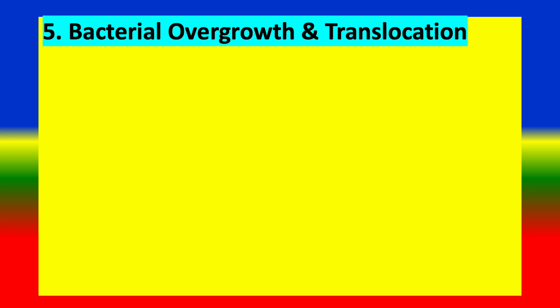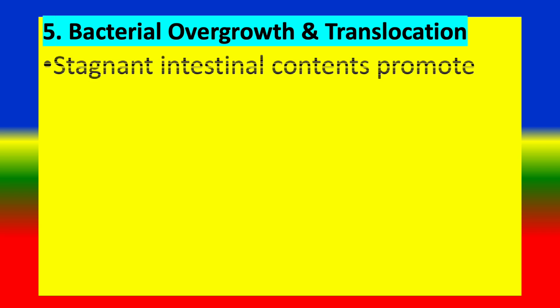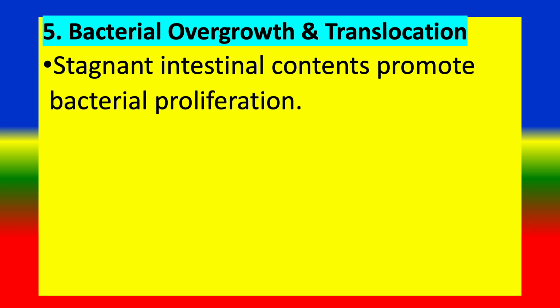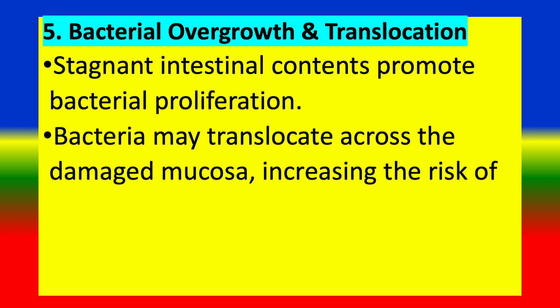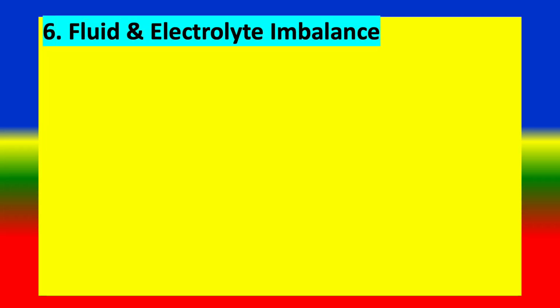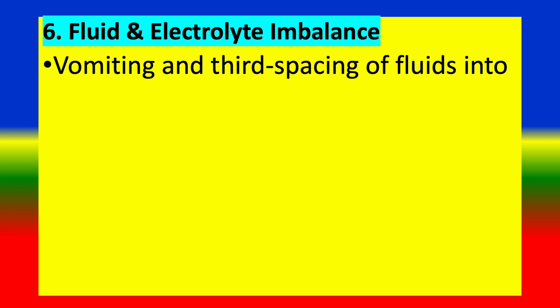5. Bacterial overgrowth and translocation. Stagnant intestinal contents promote bacterial proliferation. Bacteria may translocate across the damaged mucosa, increasing the risk of sepsis. 6. Fluid and electrolyte imbalance.